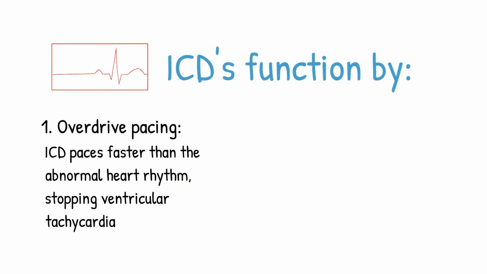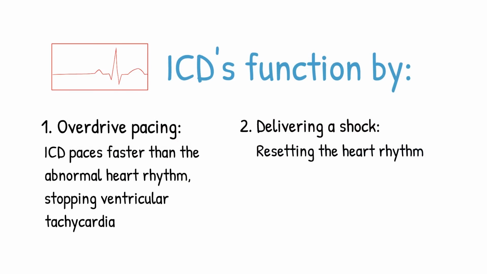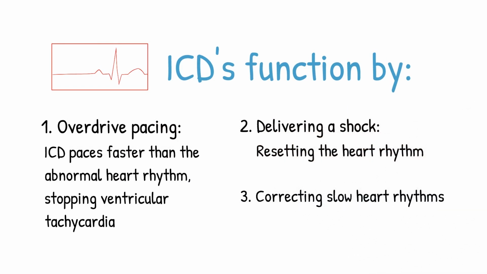And if that doesn't work, or that is not appropriate, the patient will receive a shock that will immediately correct that abnormal and dangerous heart rhythm. The majority of defibrillators also have a pacemaker function that will correct a slow heart rhythm.